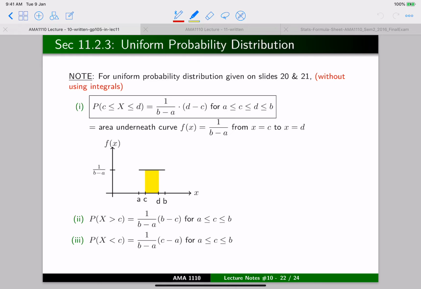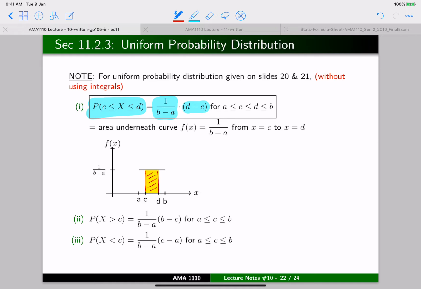So you can show that the probability that x lies between c and d for a uniform probability distribution is just d minus c times 1 over b minus a. So base times height, basically. So this is the area of this region.